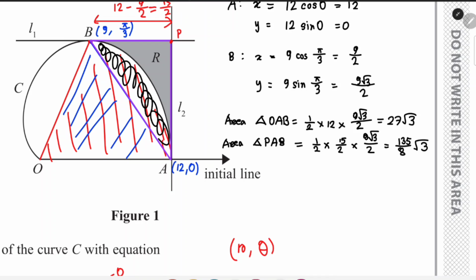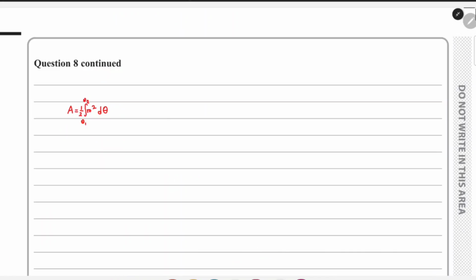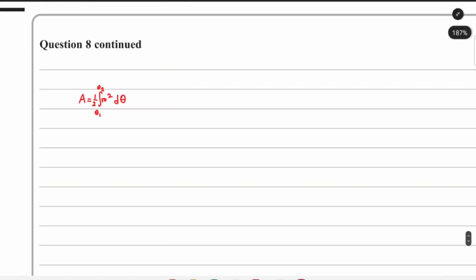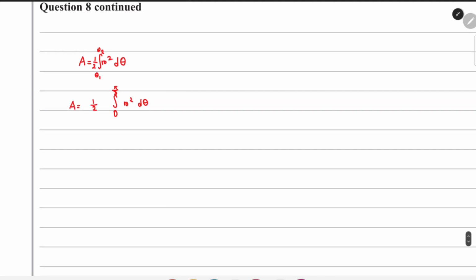After this, I want to find the sector area OAB. Now for the sector area, I need to do polar integration. Now the area under the graph for a polar curve is given by this formula over here. It's half times the integration of r square with respect to theta.